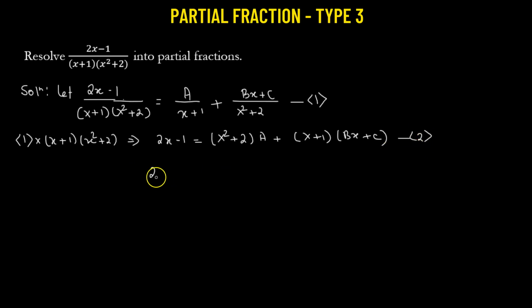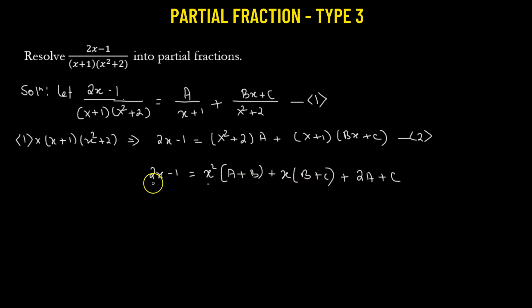Then in the next step, we're going to simplify the expression on the right hand side of equation number 2 and combine all the like terms. So here we'll have x², with the coefficient A + B, and the coefficient of x will be B + C, and we have the constant term 2A + C. The reason we're writing it in this fashion is that we are considering the coefficients of x² and x.